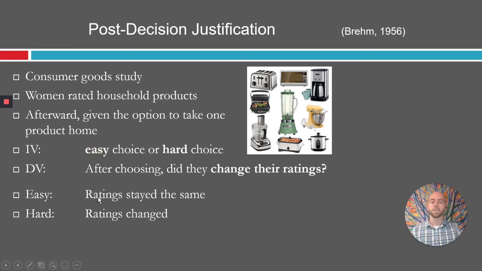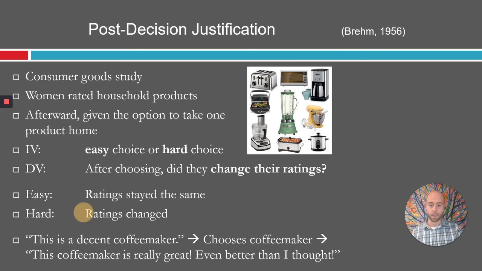And in the easy condition, when it was obvious what choice you would make, the ratings did not change. But when it was difficult, when you had to come up with reasons and basically delude yourself into thinking that you made the right choice, the ratings would change. The one that you picked, you would say was better. The one you didn't pick, you'd say was worse. So, I picked this coffee maker over the blender.